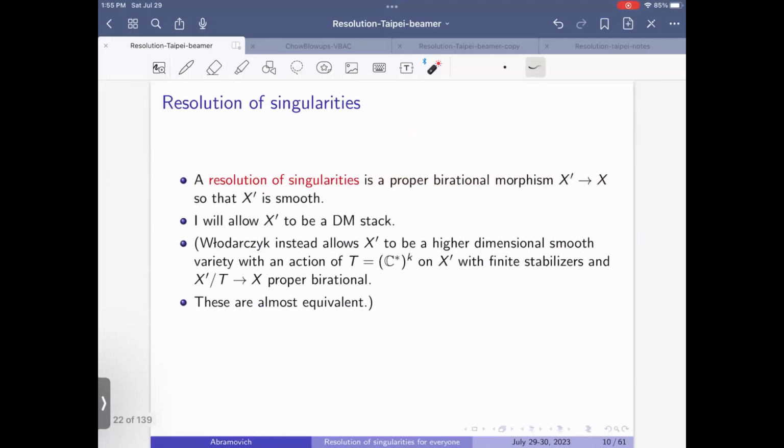Again, Wodarczyk instead allows X prime to be a higher dimensional smooth variety with an action of a torus with finite stabilizers, so that the quotient is proper and birational. So that's his version of, instead of working with a stack quotient, he works with a higher dimensional variety with basically a global quotient situation. These two approaches are almost equivalent.